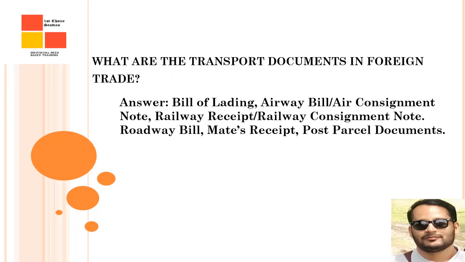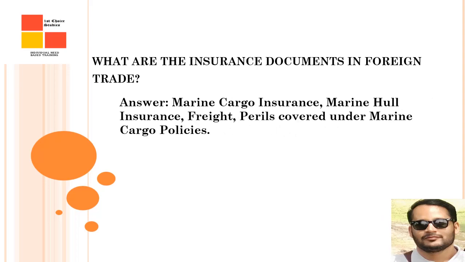What are the transport documents in foreign trade? Answer: Bill of lading, airway bill/air consignment note, railway receipt/railway consignment note, roadway bill, mate's receipt, post parcel documents. What are the insurance documents in foreign trade?